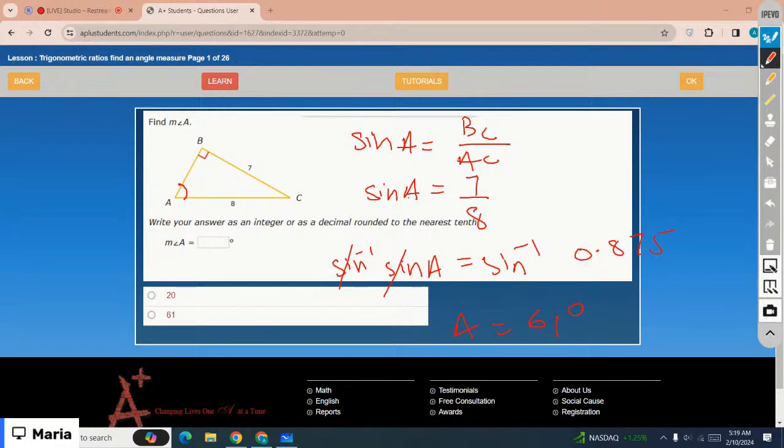Basically, you have to form the same proportions like you were doing earlier, right? But you have to see which trigonometric ratio you can apply.